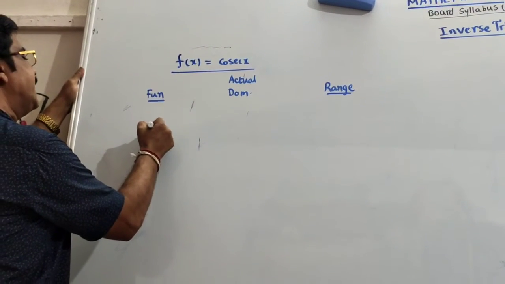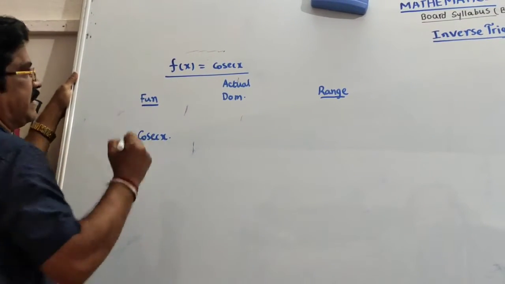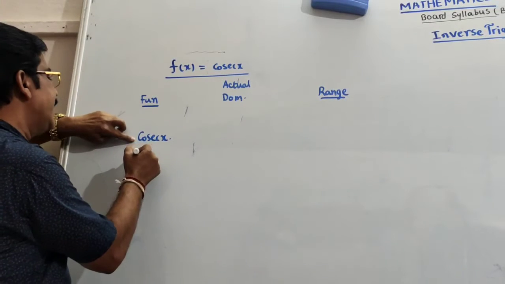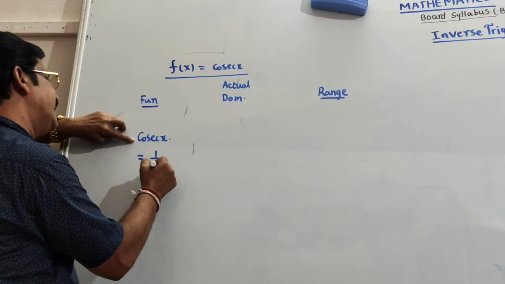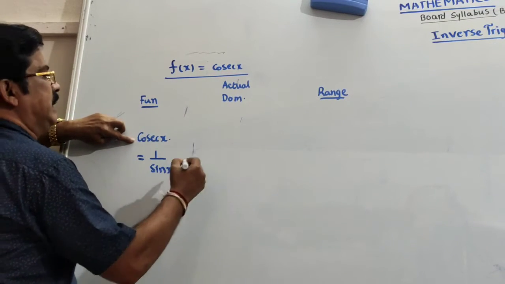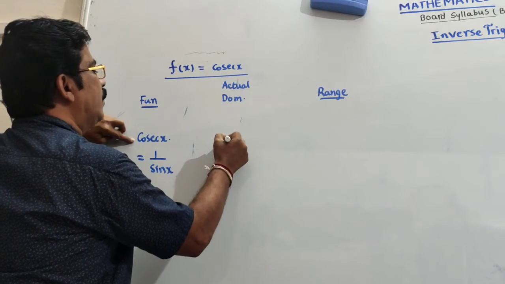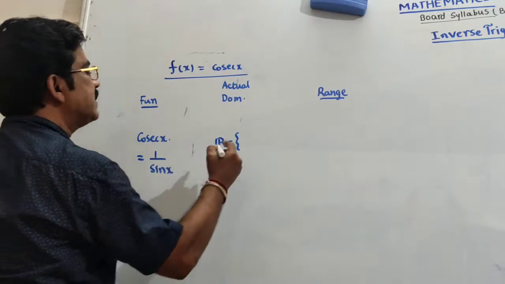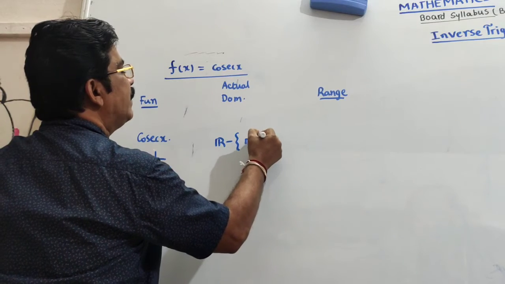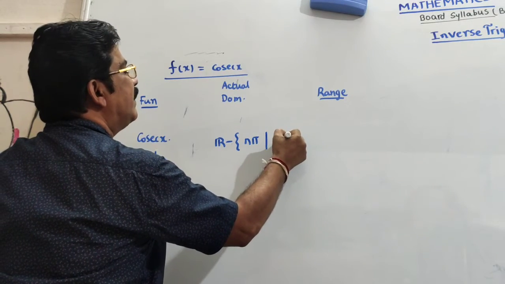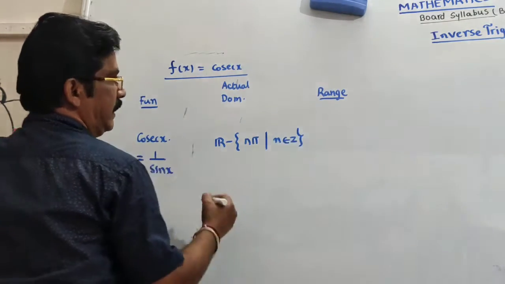Function cosecant x, this is the actual domain. Actually, cosecant means 1 by sin x, so its domain is R minus the set of n pi, where n belongs to Z, the integers.